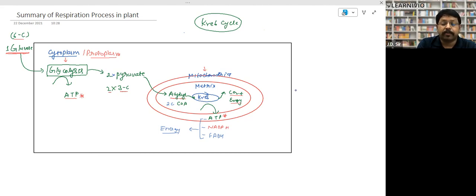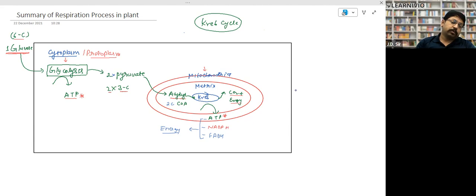Now this glucose will be absorbed by the intestine or villi, then from villi to blood vessels, and from blood vessels it will dissolve into the blood. Now this glucose will be transported to all the cells, because every cell of the body requires glucose, right?